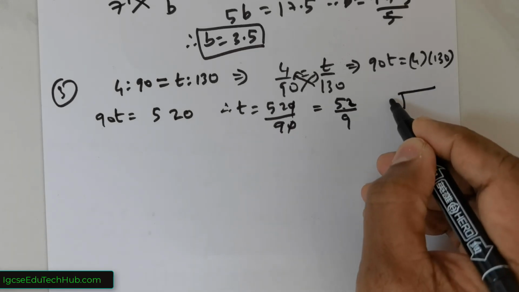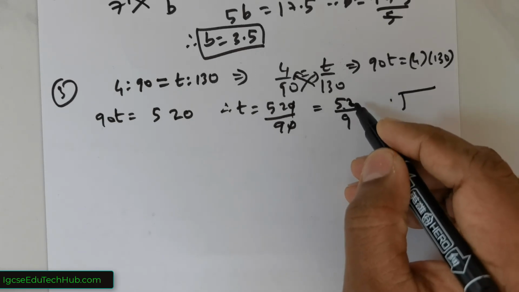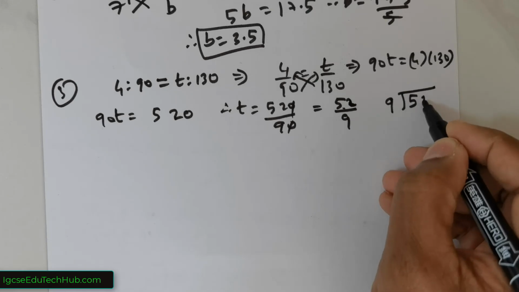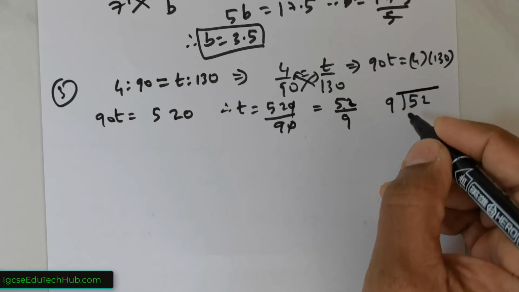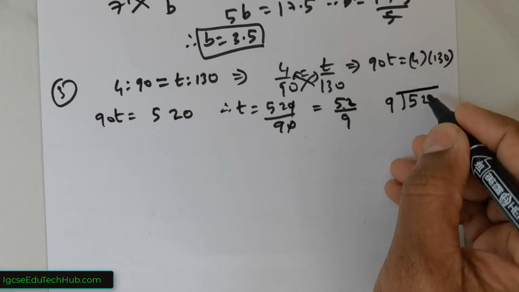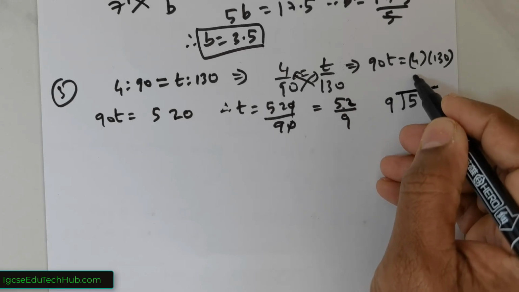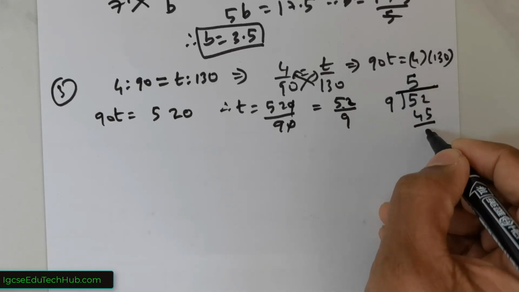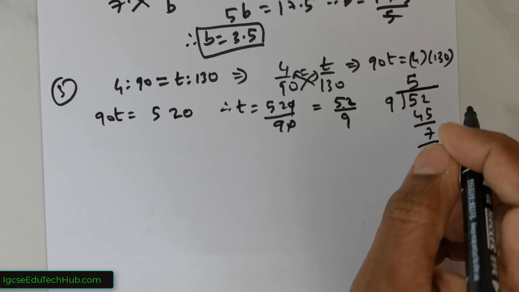So the best way to represent this is going to be taking 9 and using it to divide 52. So 9 5s are 45, so you get a 7 as a remainder.